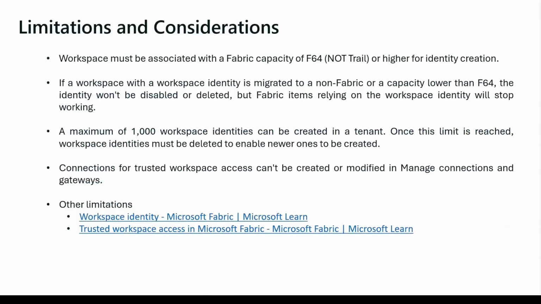Now let's look at some of the key limitations and considerations of workspace identity, which might affect your use cases and workflows. As highlighted earlier, workspace must be associated with greater than or equal to F64 SKU capacity, not with trial or less than F64 SKU capacity.